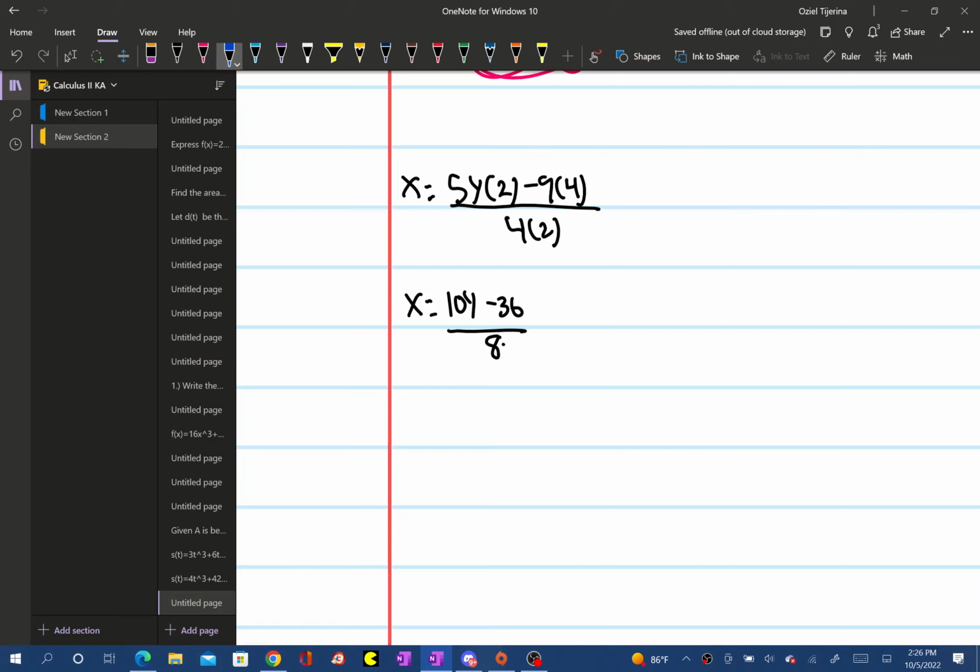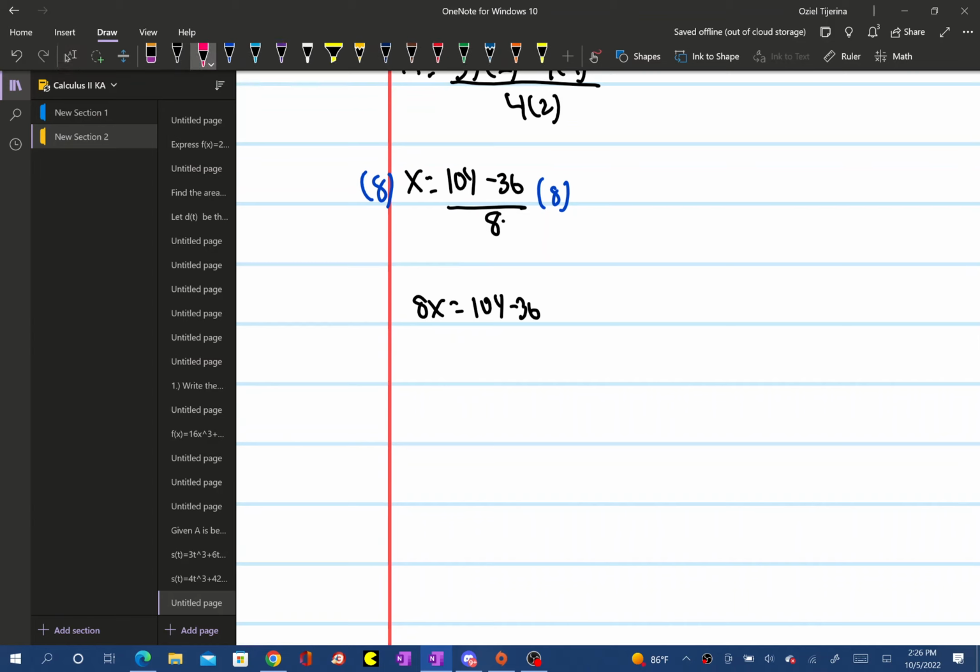And then I'm going to multiply both sides by 8, and then we get 8x equals 10y minus 36. Then we're going to add 36 on both sides, and we get 10y equals 8x plus 36.